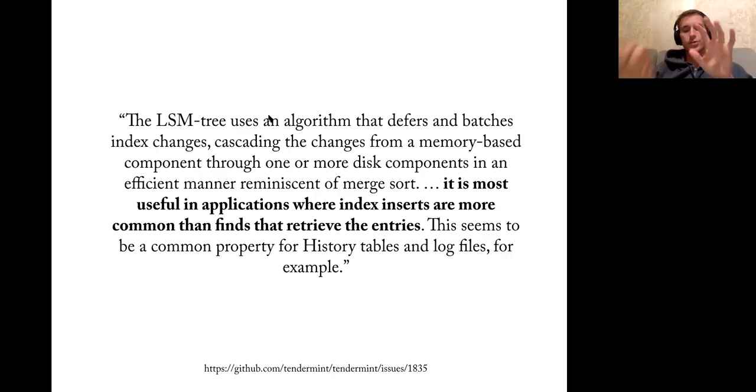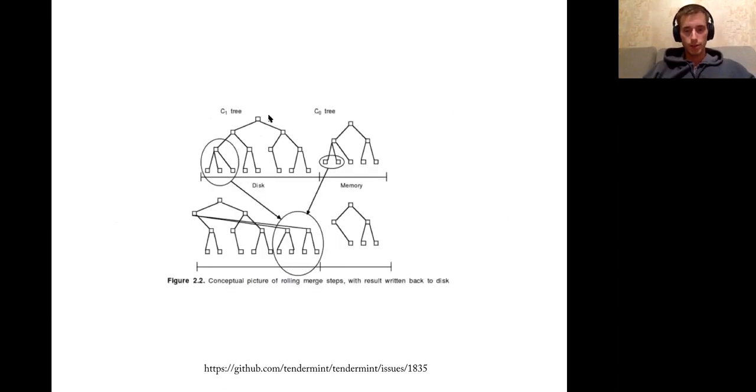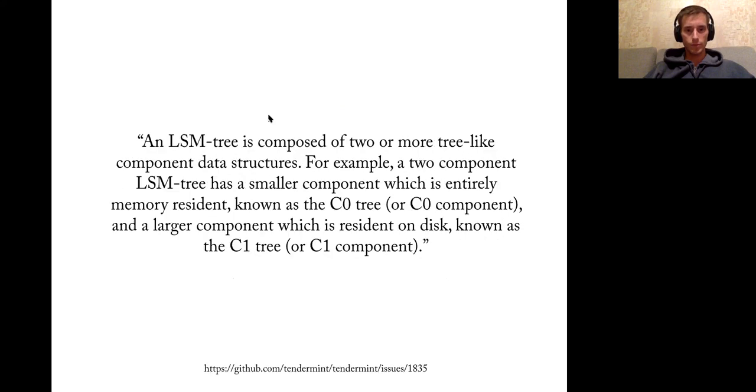It can be just two trees, like here we have C0 and C1, a small tree and a big tree, and the small tree can be in memory and the big tree can be on disk. Yeah, this is basically it.